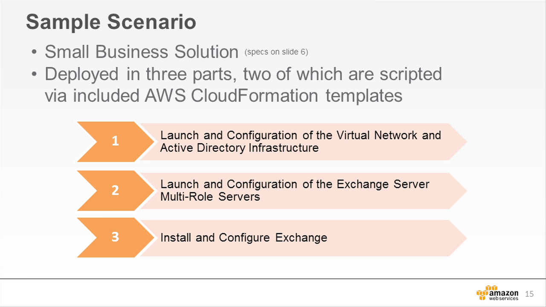In a sense, what you get out of it is a highly reliable solution with no single point of failure. You have Exchange database availability groups across AZs. You have domain controllers across AZs. You have storage availability, and if you use a third-party load balancer, you can have load balanced services, and you can linearly scale that solution by adding more servers or storage.